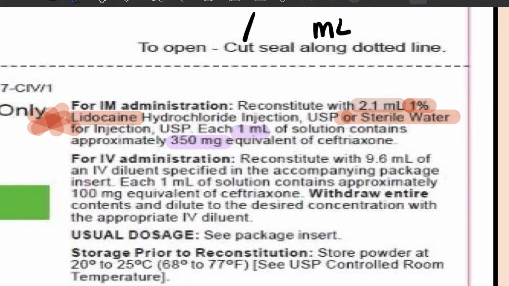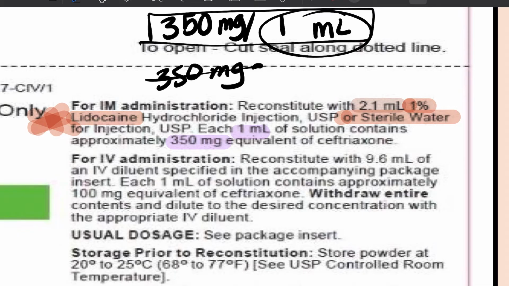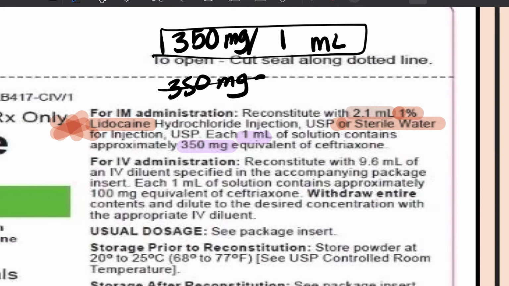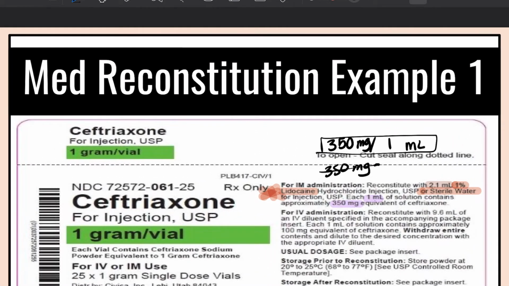So this is now our new concentration: 350 milligrams per 1 milliliter. You have to write your concentrations like this. A lot of people just want to write 350 milligrams. However, that's wrong. You now have a liquid, which is a volume, so you have to have this volume piece at the back of it. So there we go. We've now answered a question on how we're going to reconstitute a medicine.